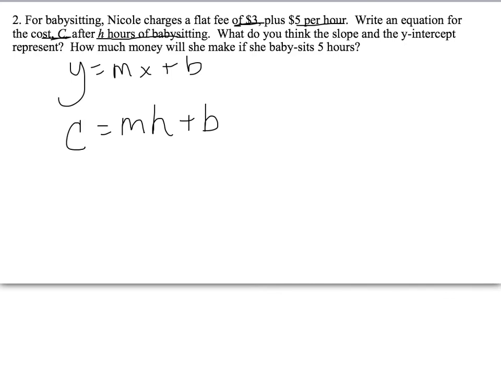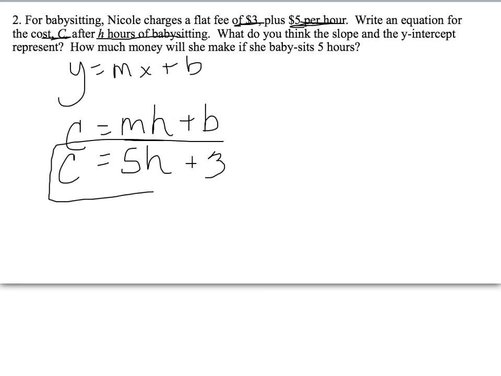So the flat fee here is B. It's not changing. The $5 per hour, so I have 5 times H, is what's changing. Okay? So now if I look at my equation, I can see that $5 times the hour plus 3 for the flat fee is going to be equal to the total cost. Okay, so we have our equation.